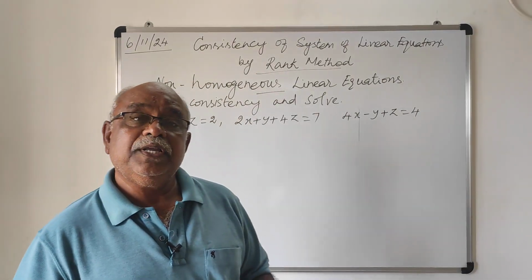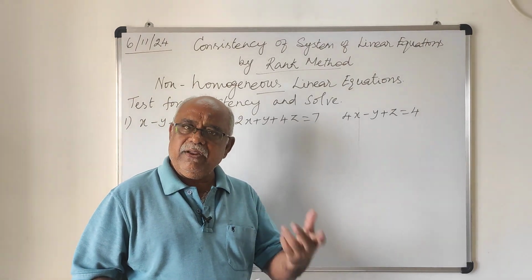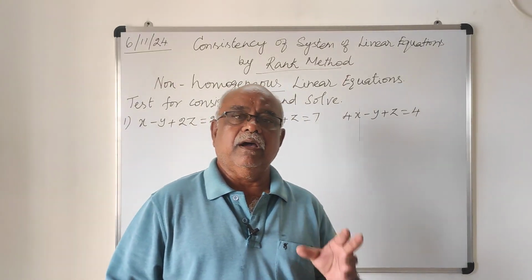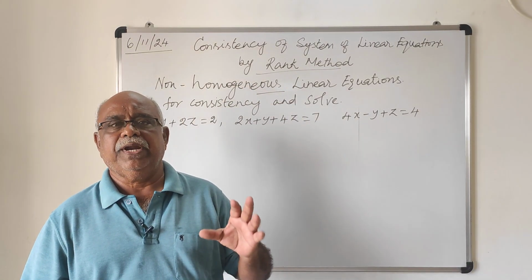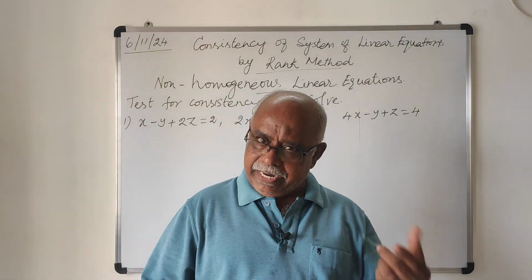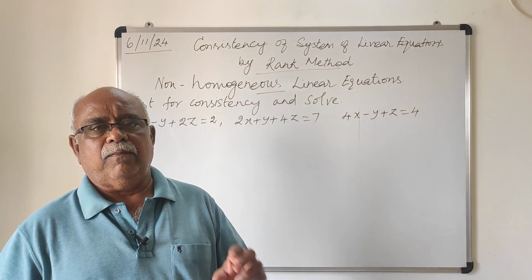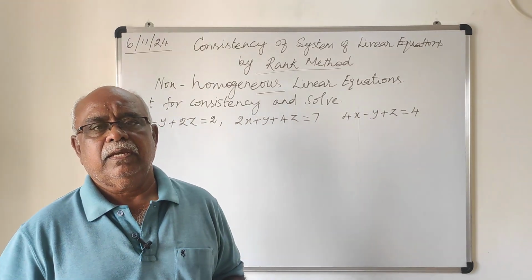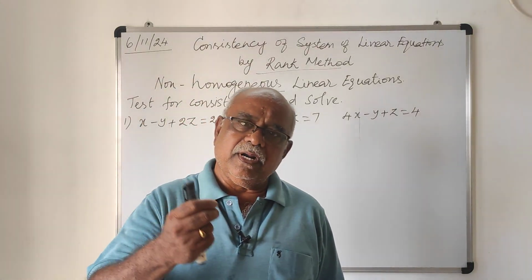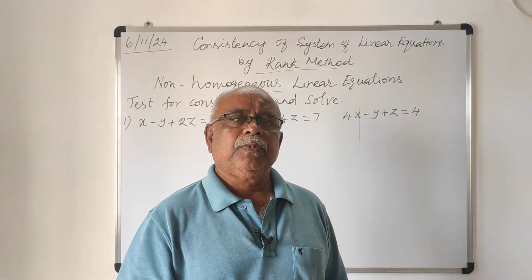You know what is meant by the rank of a matrix. I already defined it in our previous videos: the rank of a matrix is nothing but the order of the highest non-vanishing minor. If a square matrix of order 3 is itself non-vanishing, then the rank of the matrix is 3.